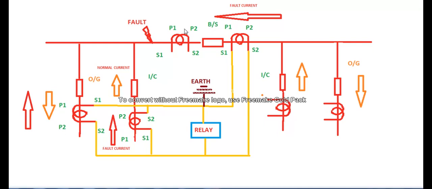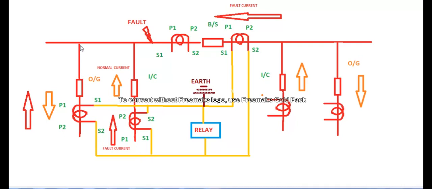Consider S1 is positive and S2 is negative. Now current flows from P1 to P2, so the output current coming here is plus 1.